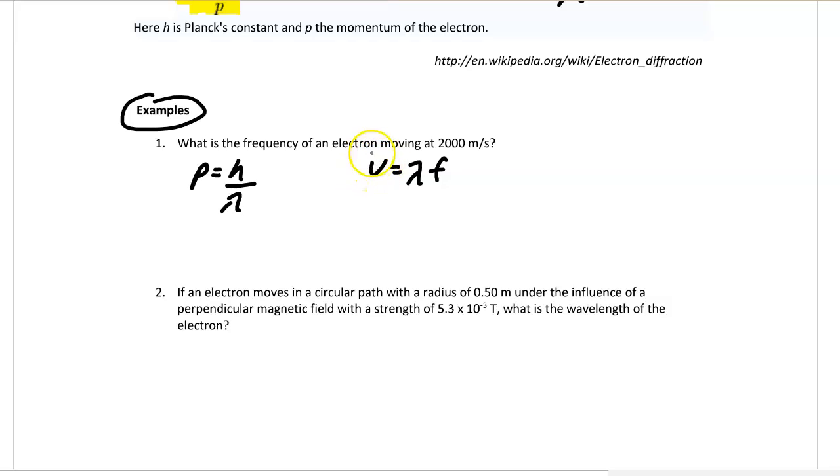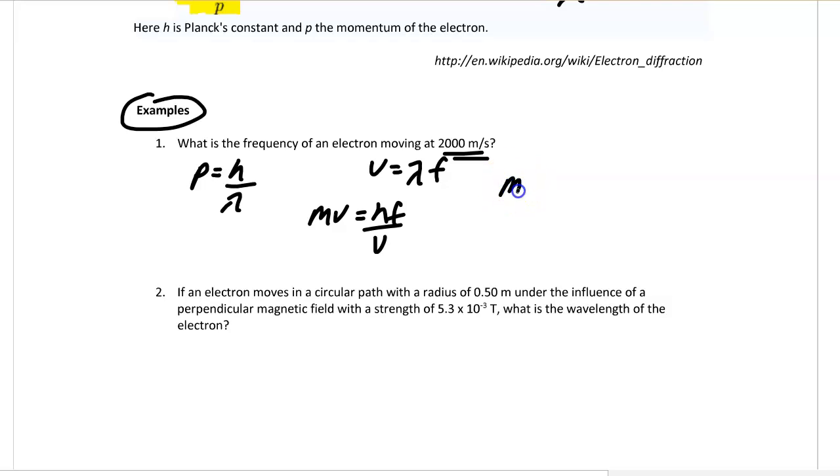Okay, velocity here though is not c. It is 2,000 meters per second. And so p being mv, h over, now the wavelength would just be velocity over frequency, sorry.